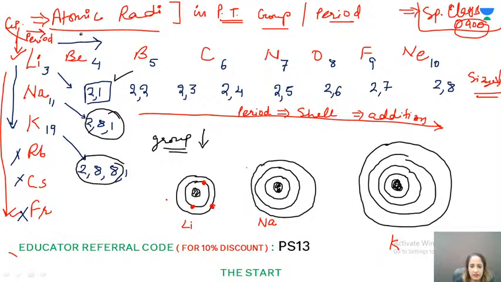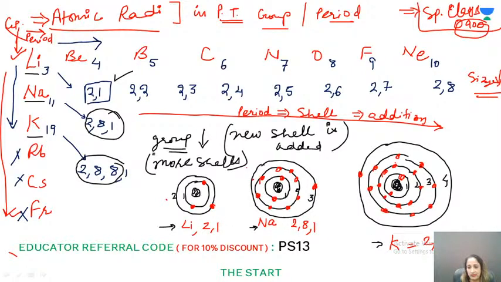So what we had here, 2 electrons. Here the electronic configuration was 2, 1. Here the electronic configuration, the electron towards it. So that means the outermost shell will not be under the effect of that nuclear force. Okay. So that means this cloud will be kind of spread out.